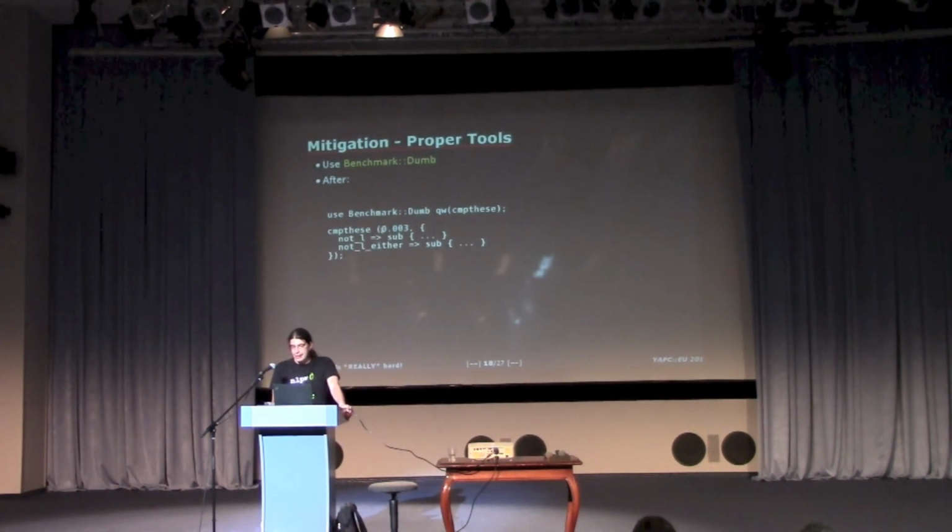And instead of giving it the negative time, you give it how many times to run it, right here, the 0, meaning determine automatically, and the precision that you're interested in. And this is it. This will already give you a much, much better result than benchmark would give you.